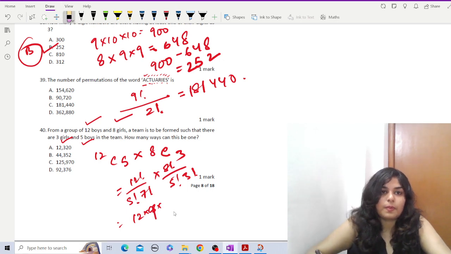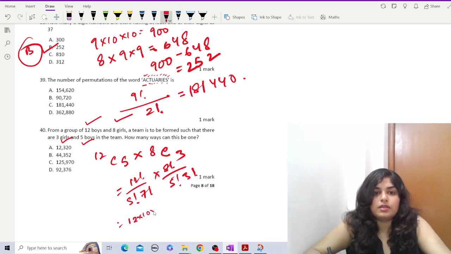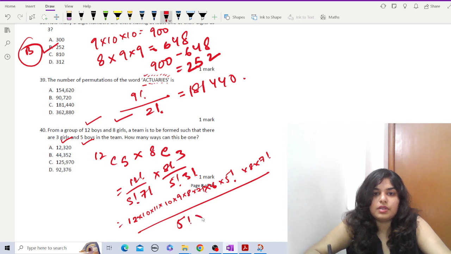Just a second. That is 12 into 11 into 10 into 9 into 8 into 7 factorial over 7 factorial into 5 factorial, and 8 into 7 into 6 into 5 factorial over 5 factorial into 3 factorial.